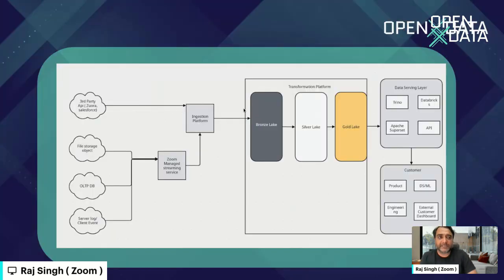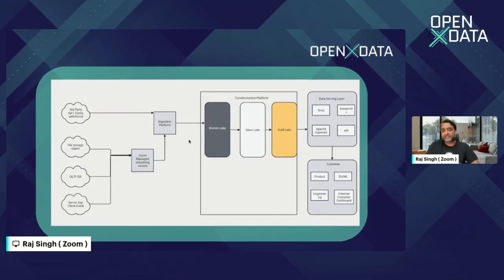And now coming back to the high-level architecture, this is the very, very high-level architecture of our data systems. We have divided our entire data systems into four parts. One is our data source, then we have an ingestion platform, we call it the data ingestion platform, and then we have a transformation platform.